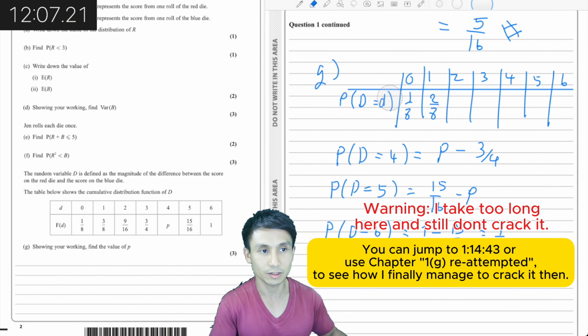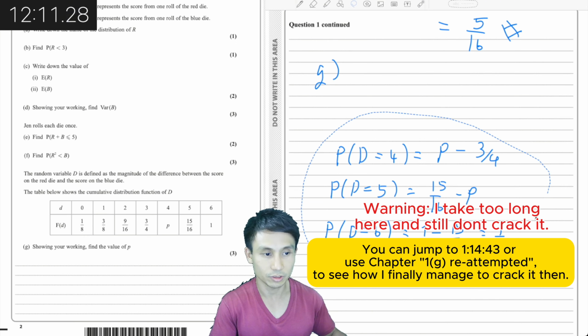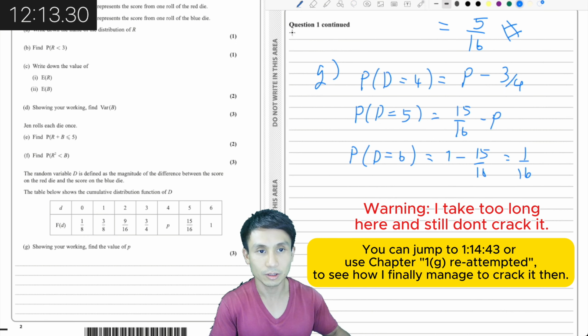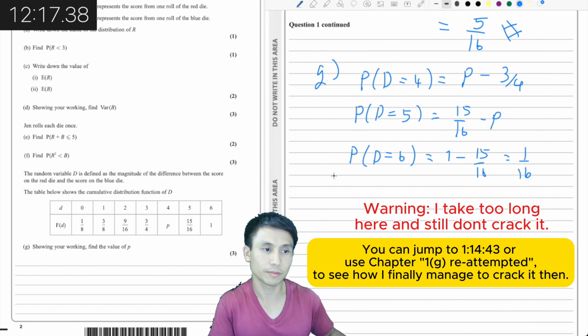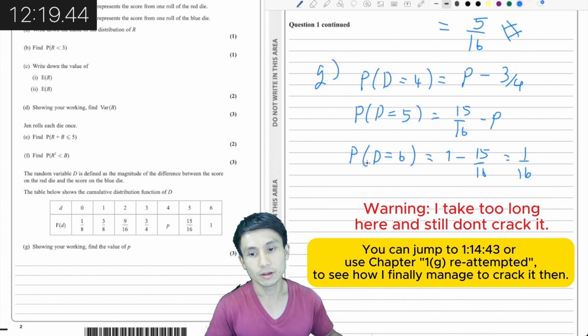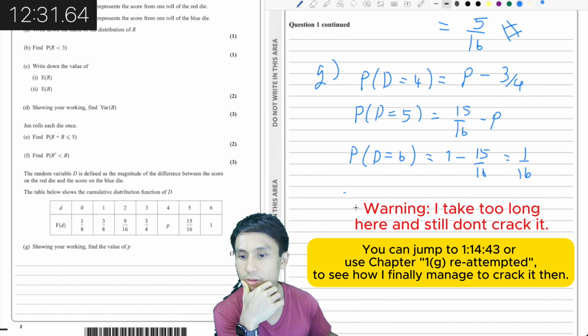Let's delete all of this. So if you add up all the things from 0 to 4, you get up to P, right? Interesting.